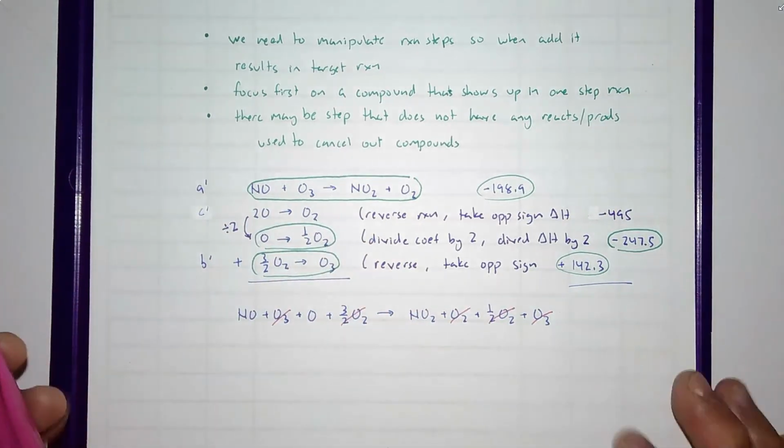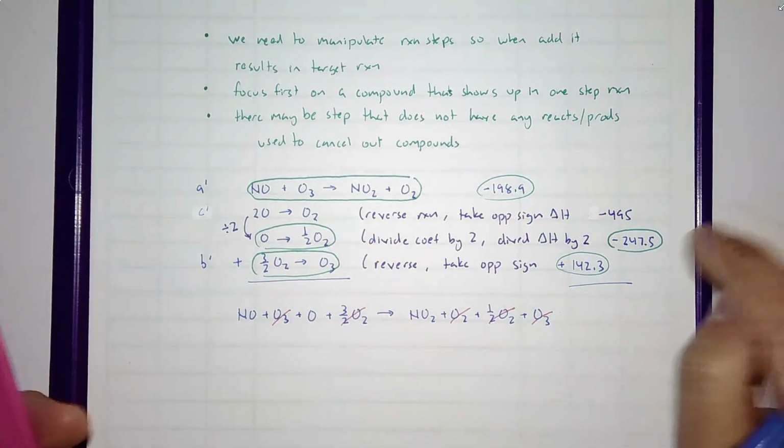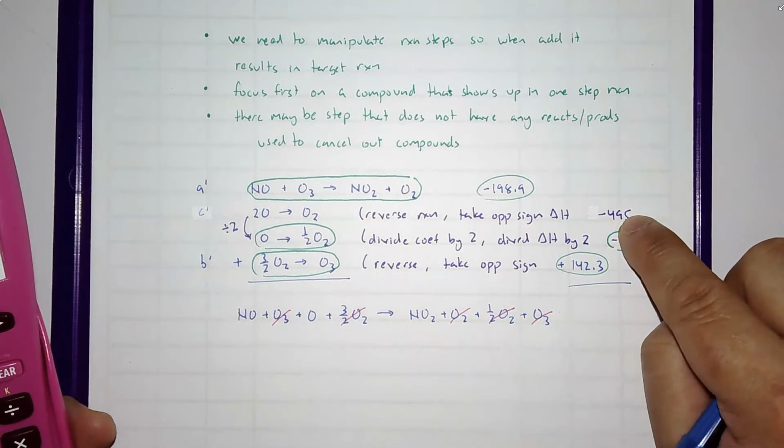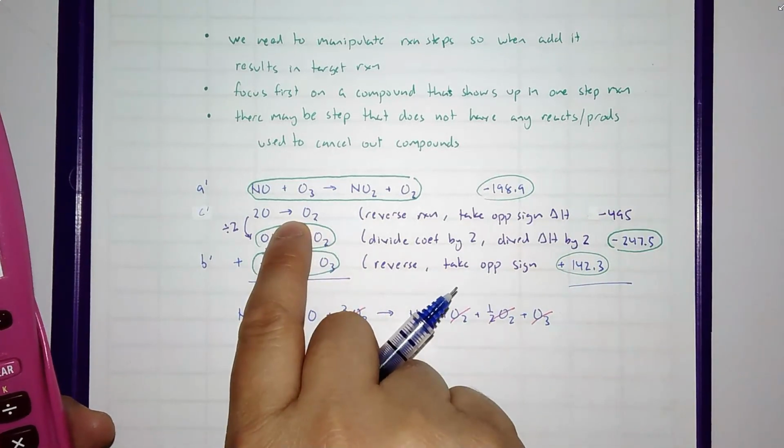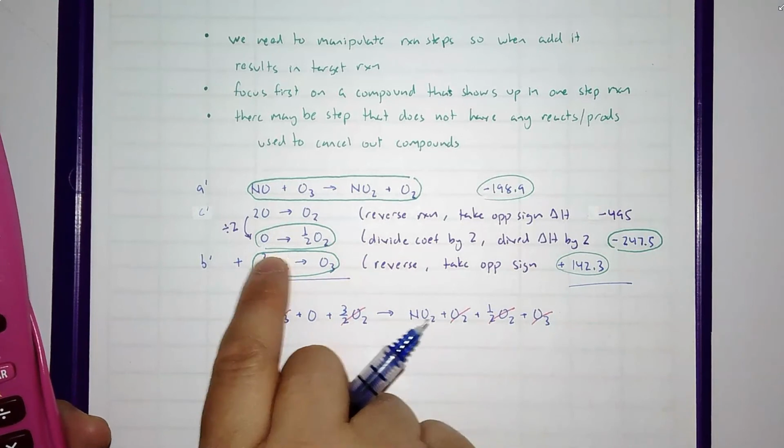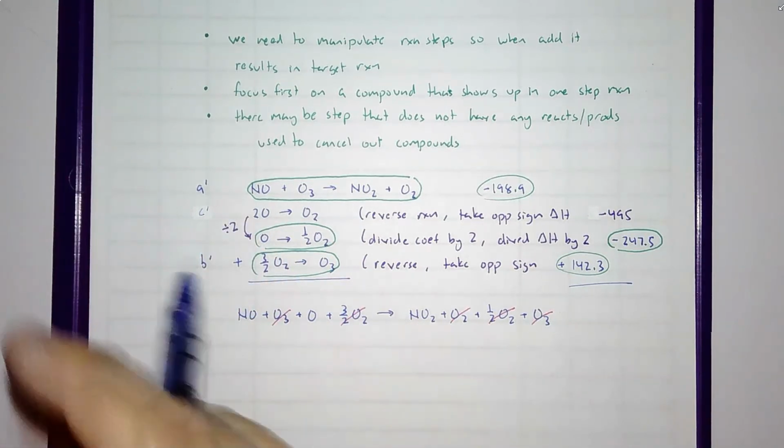Now, do you see why it's a little bit tricky? You can't include this number because this reaction was not the one that was used. This reaction was used after we had divided this by 2.